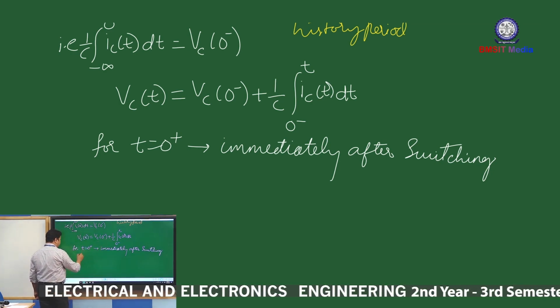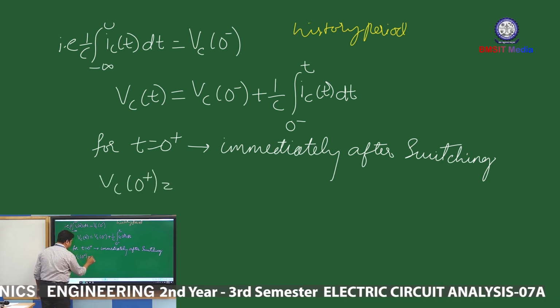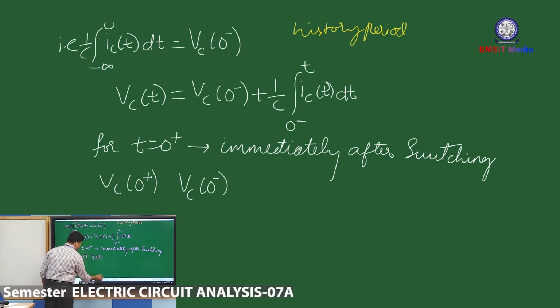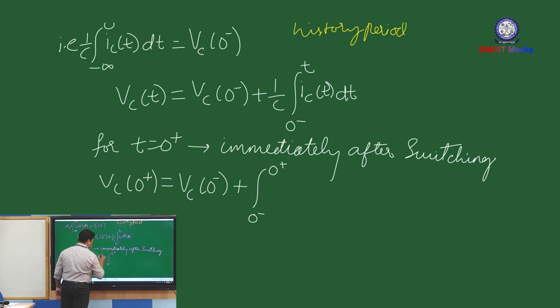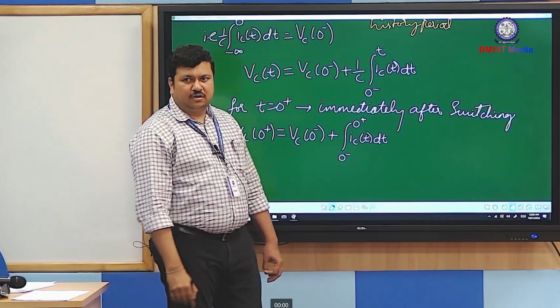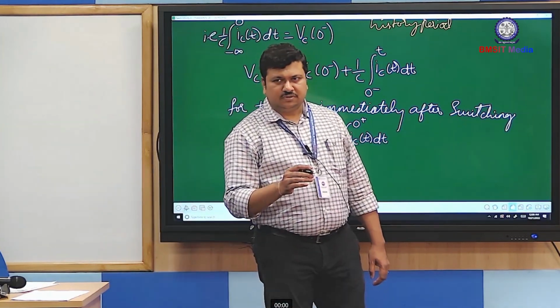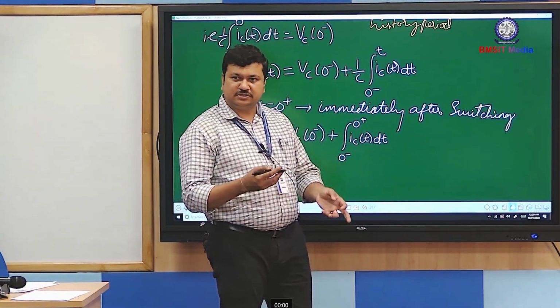For t equal to 0 plus, Vc of 0 plus is equal to Vc of 0 minus plus integration from 0 minus to 0 plus of IC of t dt. Again, the switching time is 0. The time taken to operate the switch is 0.